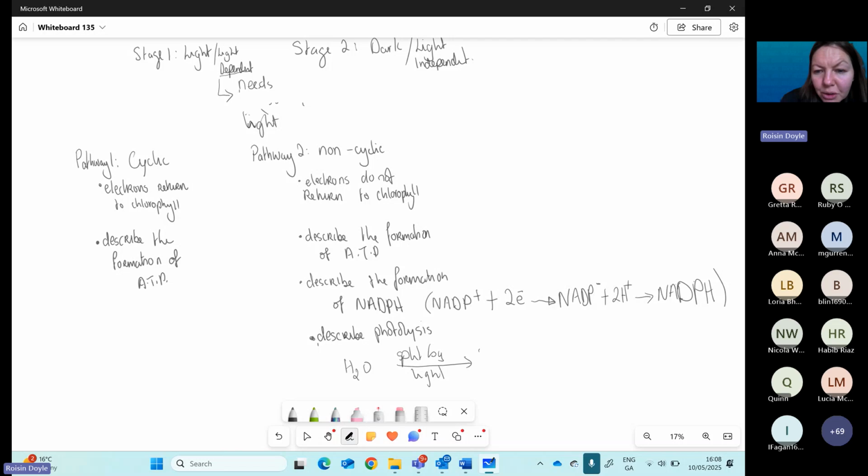It gets split into 2 hydrogen ions, it gets split into 2 electrons, and it gets split into half an oxygen. So that in itself is describing pathway 1, describing pathway 2 of the light stage.